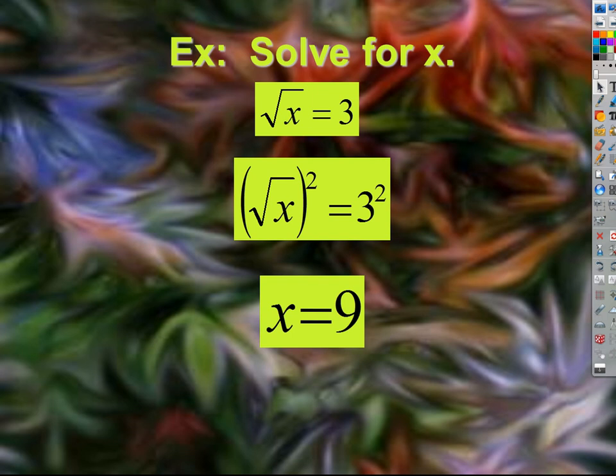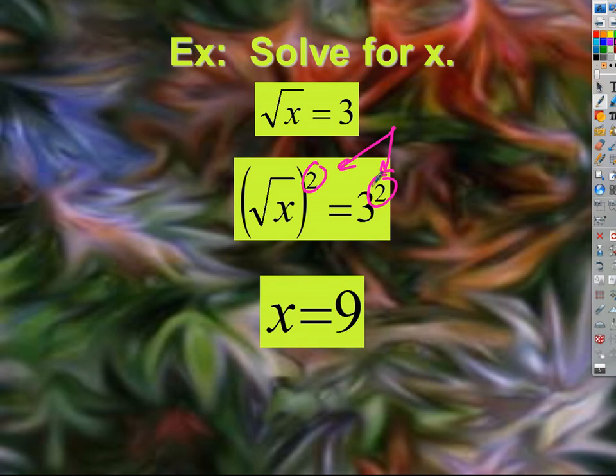Okay, but there's a really important thing you've got to remember here, and it's easy to forget this, so pay attention to this, because this is important. Whenever I take both sides to a power like that, that means that I might introduce what are called extraneous solutions. Extraneous means extra, irrelevant solutions.